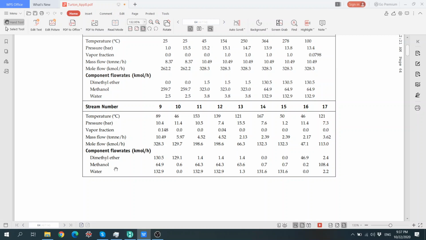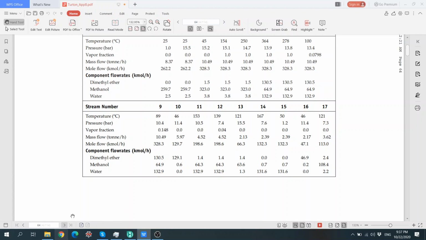One of the most famous properties we normally use to differentiate components is the boiling point, the boiling temperature.